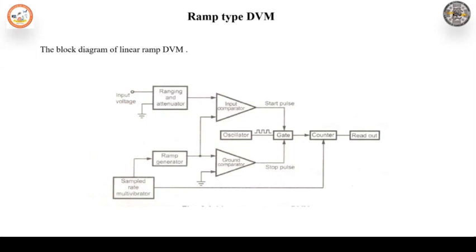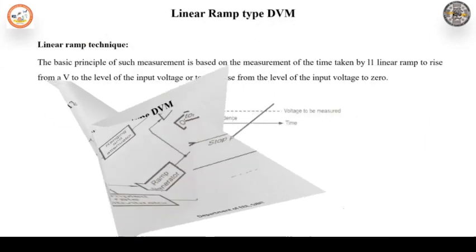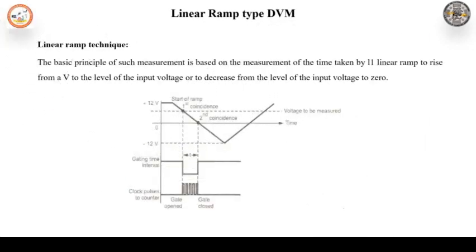This time is measured with the help of electronic time interval counter and the count is displayed in the numeric form with the help of a digital display. Basically, it consists of a linear ramp which is positive going or negative going. The range of the ramp is plus or minus 12 volts, while the base range is plus or minus 10 volts.